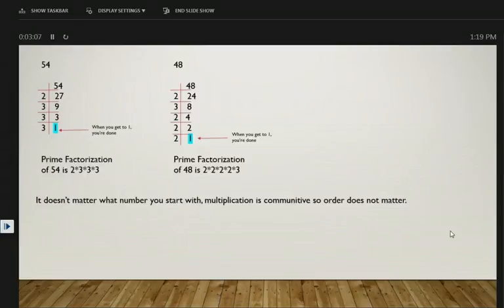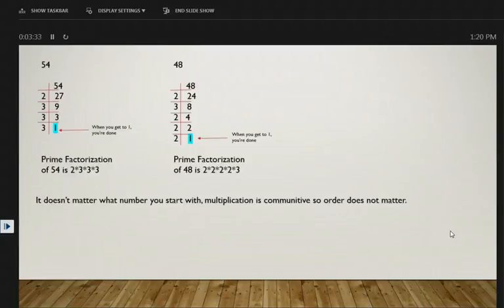So 2 will go into 54 how many times? 27. So you bring that 27 down. Now, what's divisible into 27? 2, 3, 5, 7, 11, or sometimes 13? 3. 3 will go into 27 9 times. What's divisible into 9? Everybody knows that. 3.